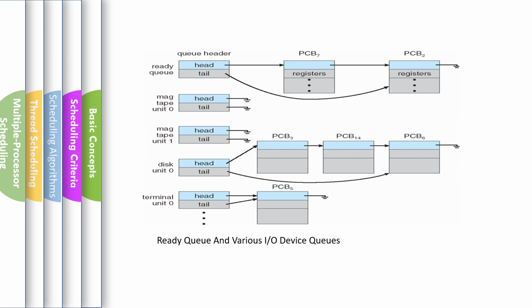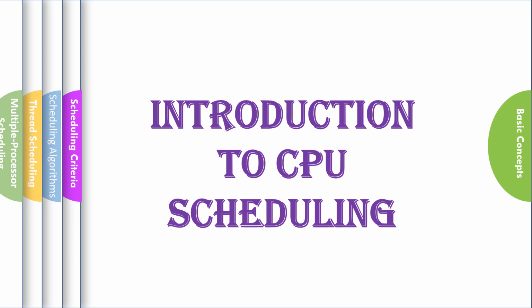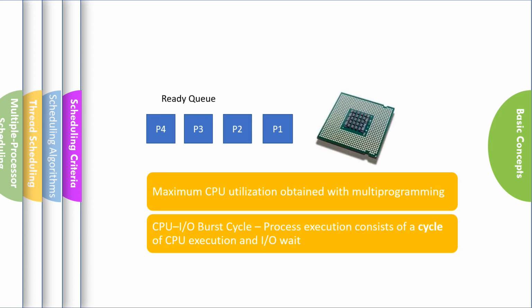In this lecture, we will start with CPU scheduling. So let's understand what CPU scheduling is. Here a system can be a single-program system or a multi-programming system. In a single-program system, a single process is processed until it terminates.